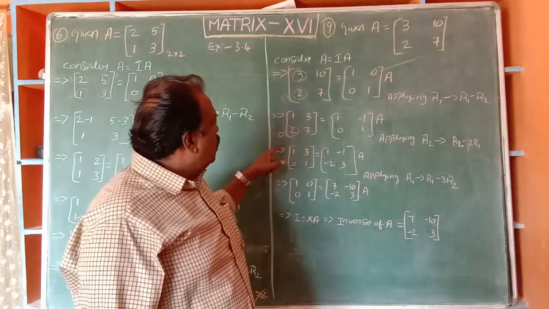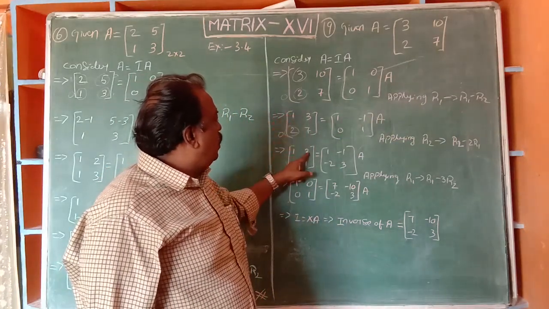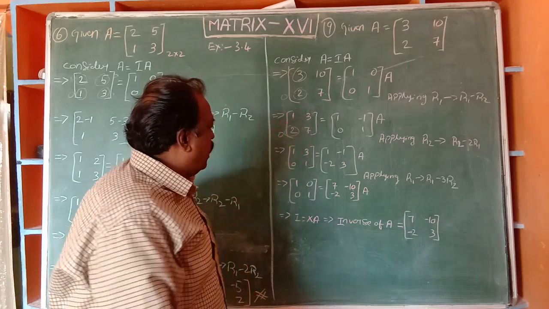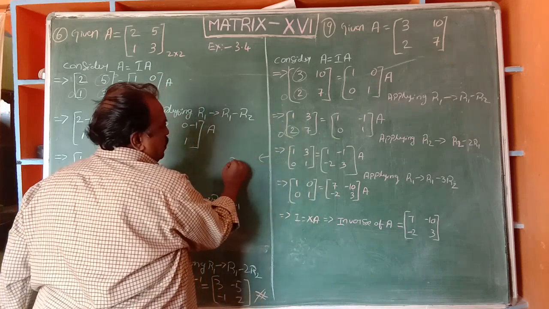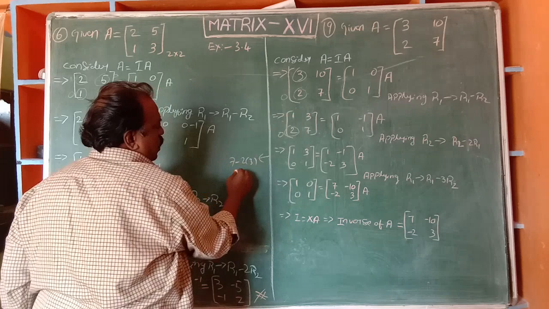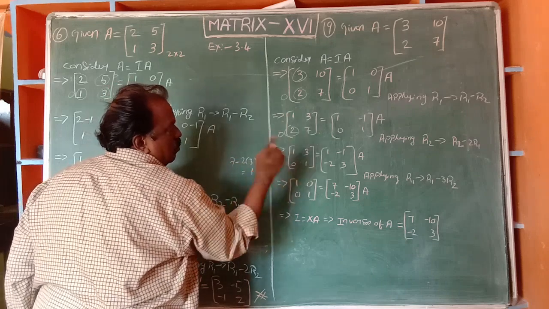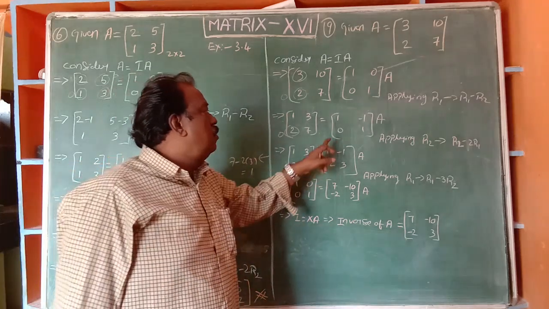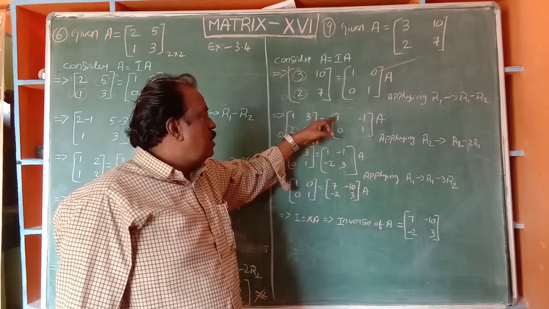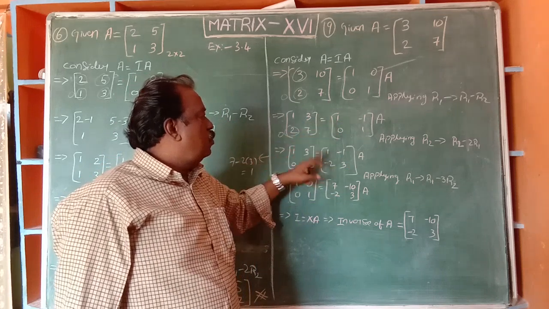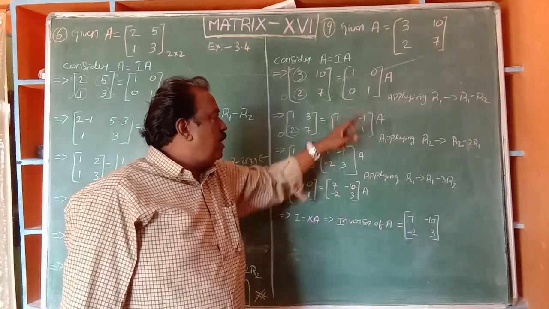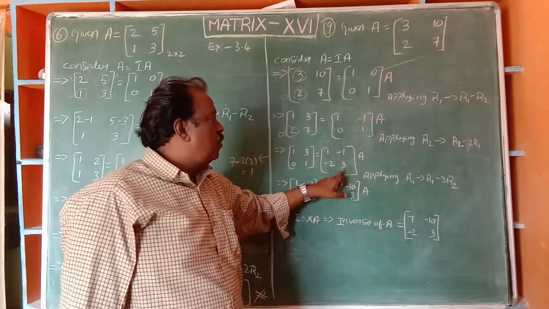So, it is as it is, 1, 3. 2 minus 2, 0. 7 minus 2 into 3, that is 1. Similarly here also. 1 minus 1 as it is, no alteration. 0 minus 2 into 1, 0 minus 2 is minus 2. Here 1 minus 0 minus 1. 1 plus 2, 3. Okay?